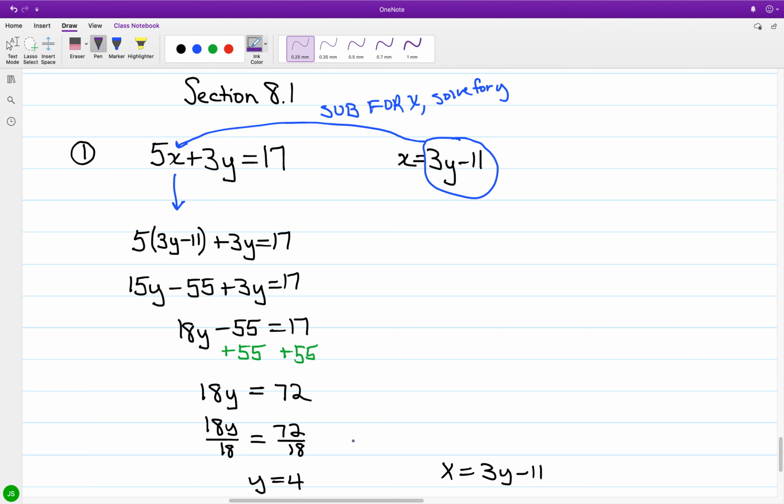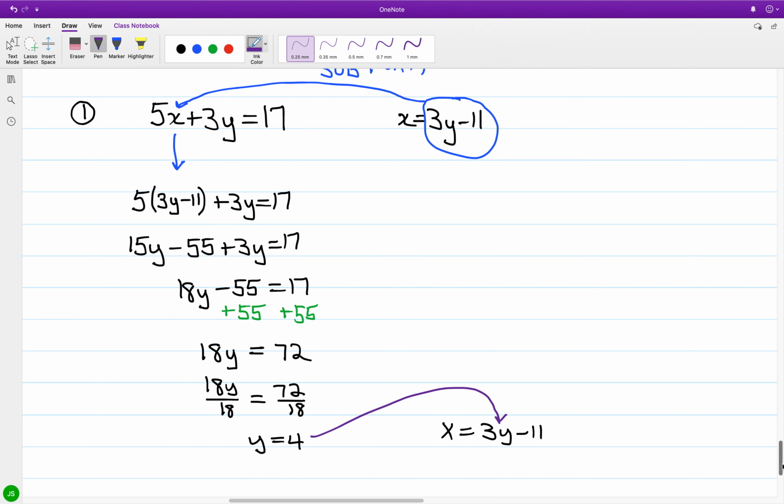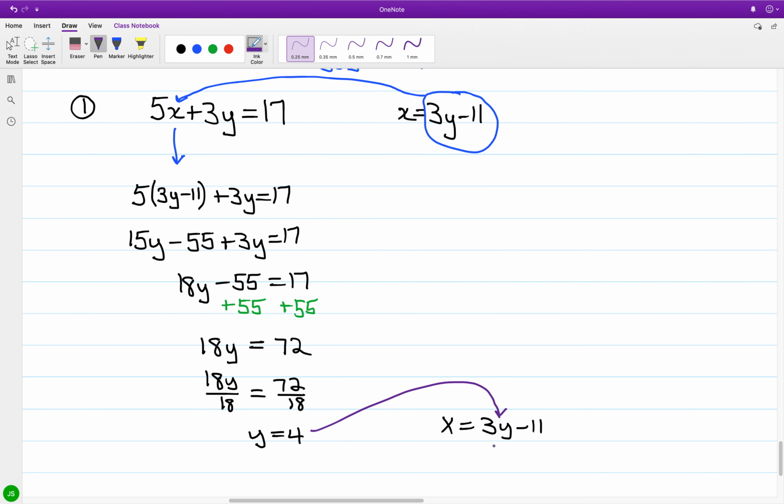So I have y equal to 4, and we have in the follow through x is equal to 3 times 4 minus 11. And 3 times 4 is 12 minus 11. So we're going to have that x is equal to 1 and y is equal to 4.